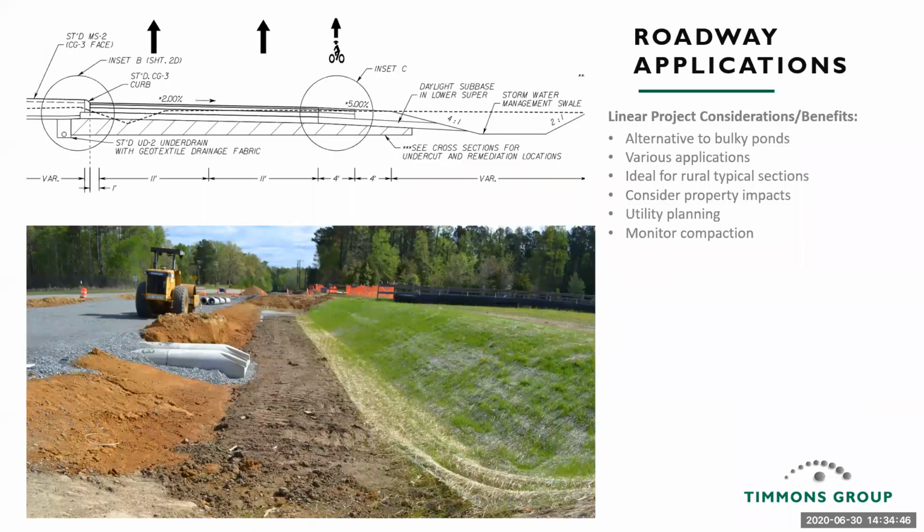Typical roadway applications for this: it's a good alternative to bulky ponds. So if you have a project where you're looking at an outfall and whether a large pond would fit in that instance, this might be another thing to look at. It has various applications. You can just use it for detention, so no underlying improvements, just make it a wide grass ditch and put weirs in to provide some detention.